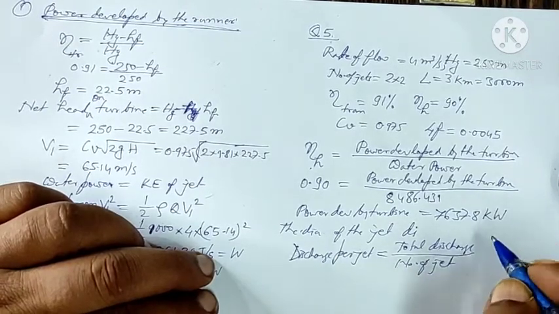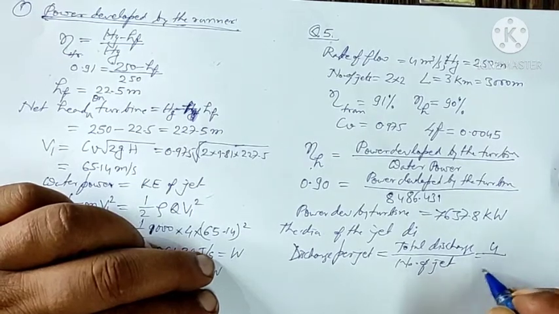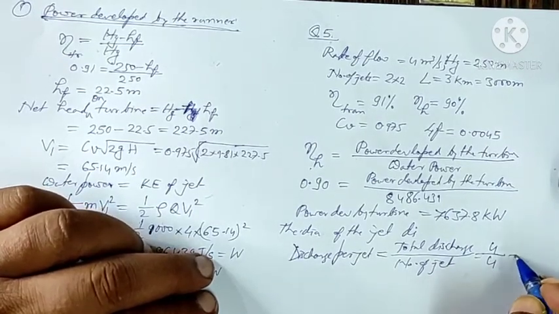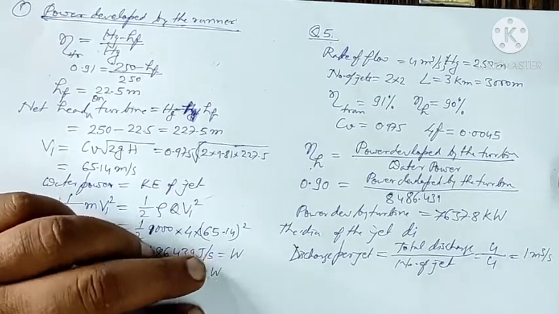In this case, the total discharge is 4 meter cube per second and number of jets are 4. So the discharge will be per jet 1 meter cube per second.